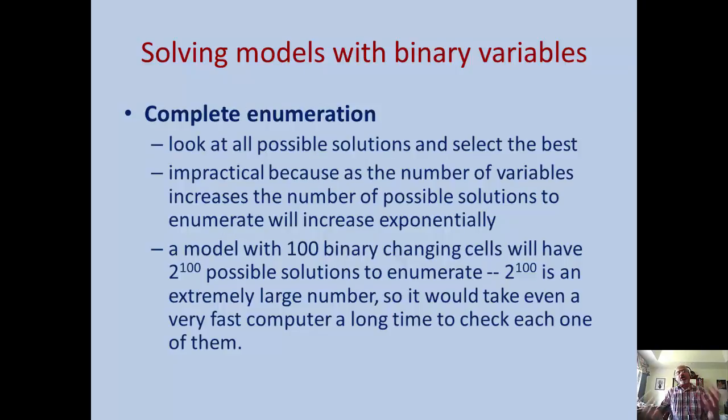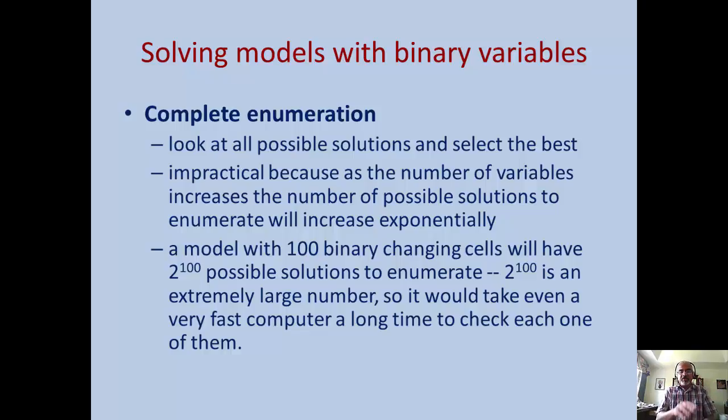Now, how do you solve a problem and restrict the variables to be only binary variables? One possible approach is complete enumeration. That is, you look at all possible combinations of all the variables, each variable being 0 or 1. That will work if the problem is really small.